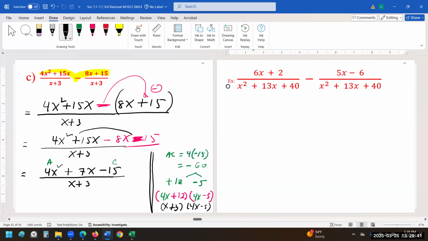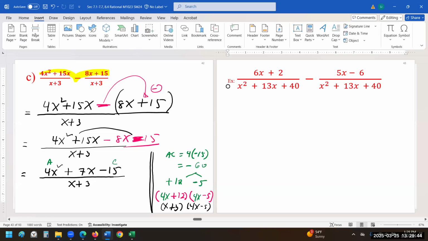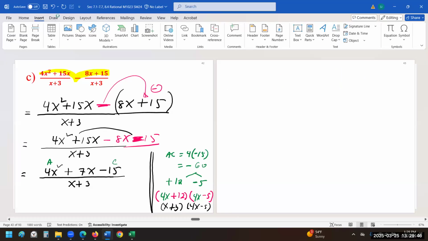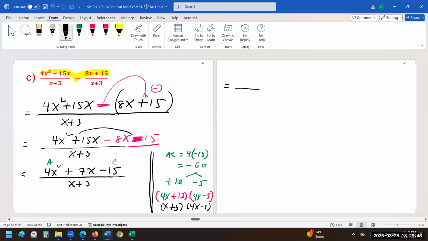We're not done. I need more space, so let me get a page. So we have x plus 3 on the bottom, and the two factors by using AC method are x plus 3 and 4x minus 5. You get the same thing, right? What do you observe?